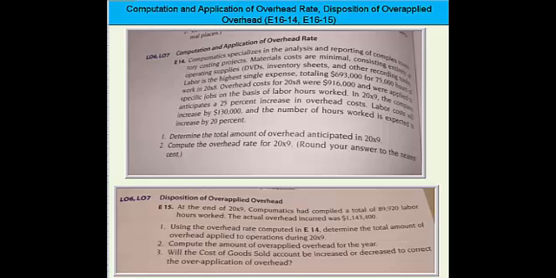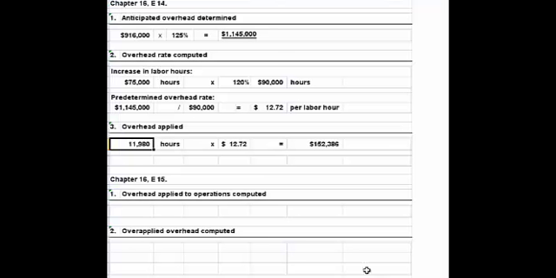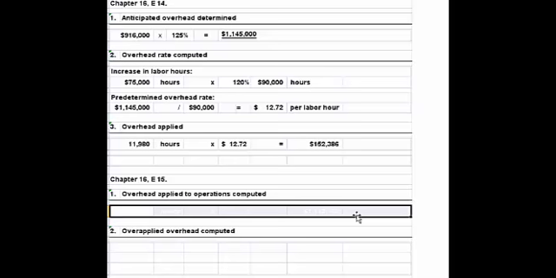Using the overhead rate that we computed previously, determine the total amount of overhead applied to operations during 2009. So, since we've already computed the 1272, we would just take that 89,920 hours and multiply it times the 1272 to come up with how much overhead was applied.